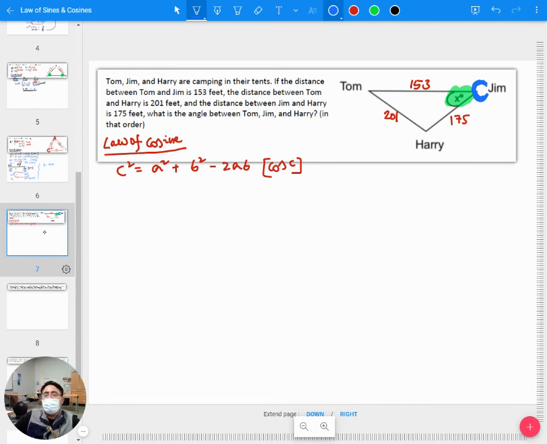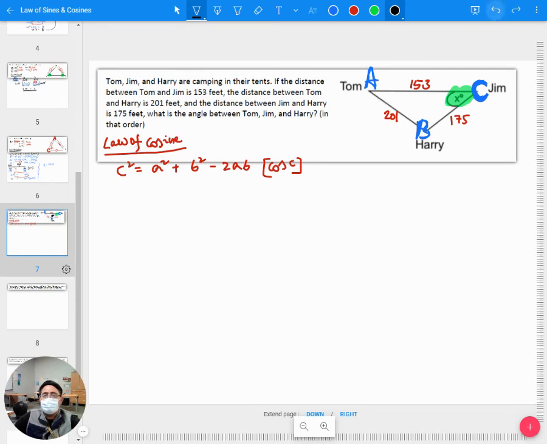And for the remaining two letters, whichever way you want, you can take Tom as A and Harry as point B. Once you label it, you can start substituting the values. C square means the side opposite to angle C, which is 201, that goes here.